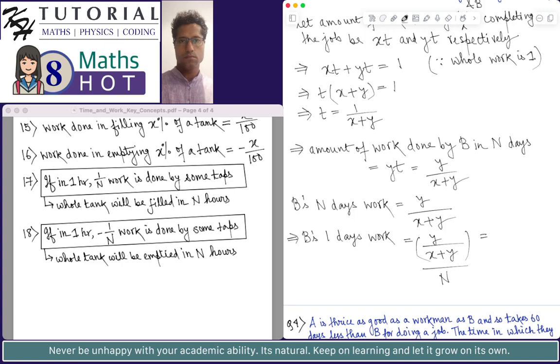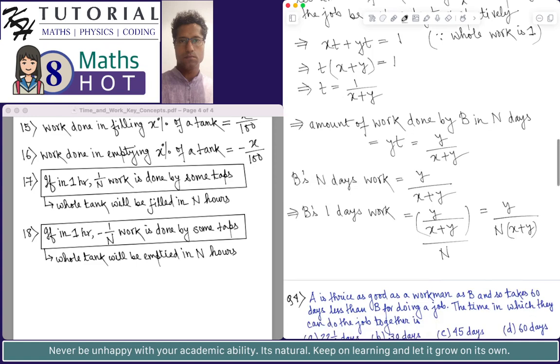This is equal to y by n into (x plus y). So B's n days work is y by (x plus y), and for B's 1 day's work we just need to divide by n. This is the basic concept of the unitary method. So we have y by n into (x plus y).